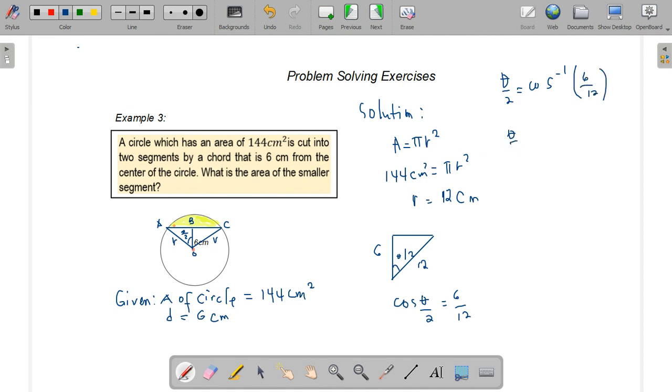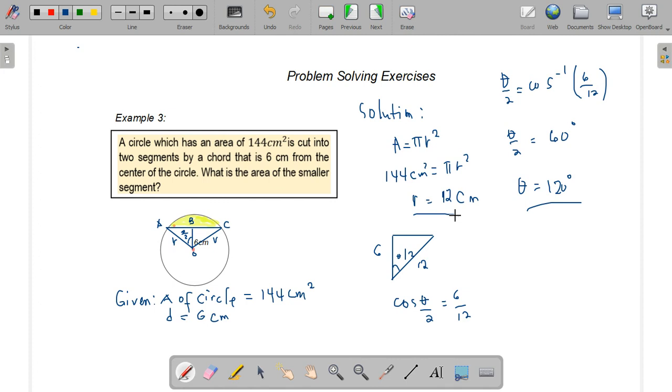So theta over 2 will give you 60 degrees. So theta is equals to 120 degrees. So this is your central angle. So meron na tayong central angle at meron na tayong R.